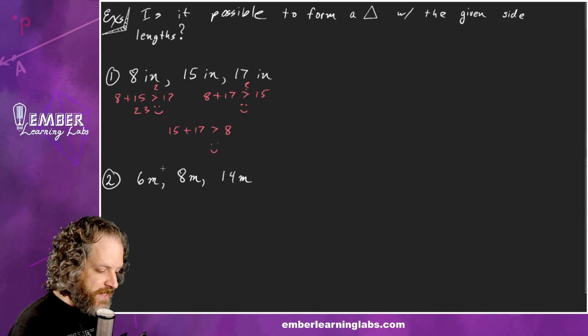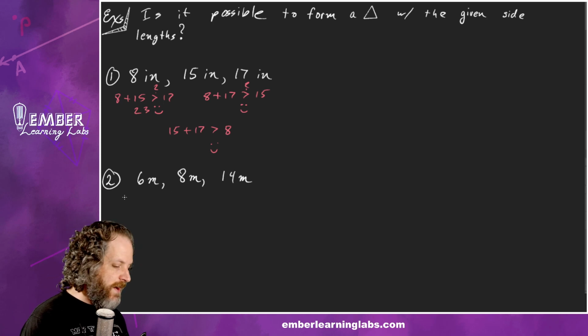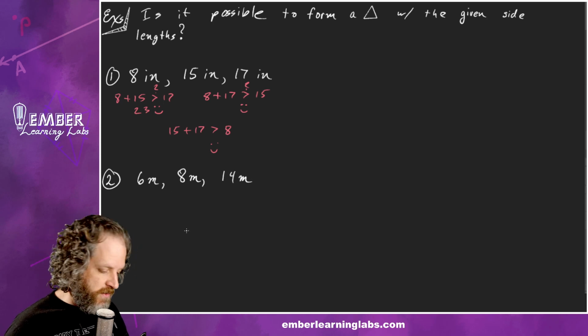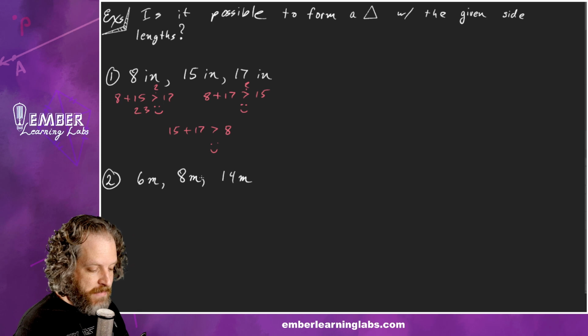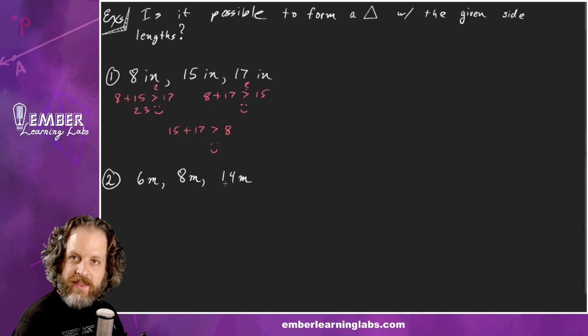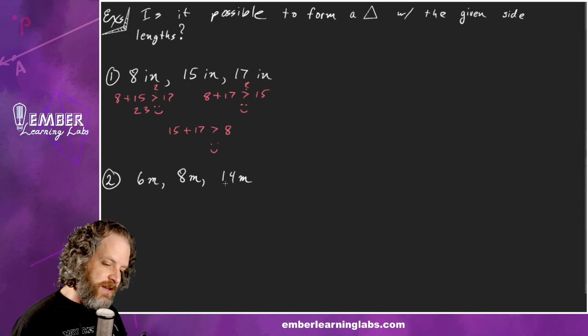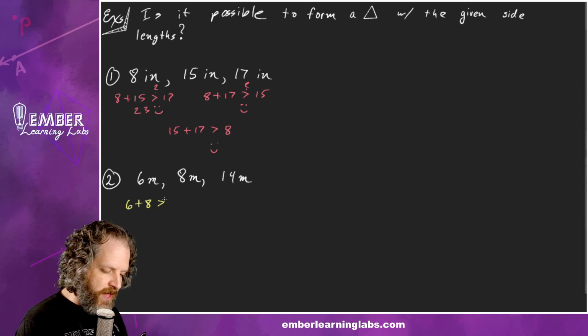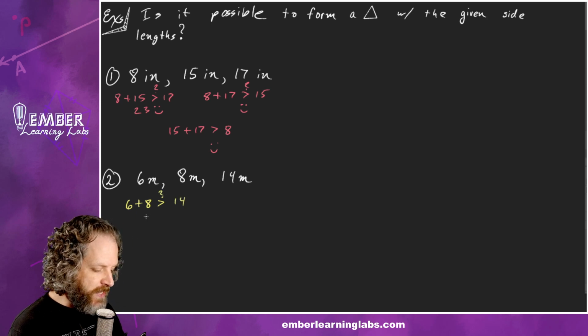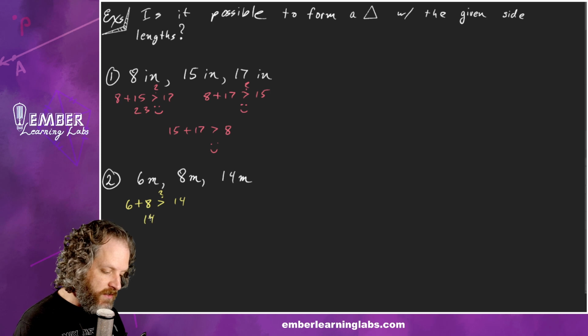What about this one? If we have 3 pieces of metal or 3 pieces of wood, can I make a triangle with these 3 boards? Is 6 plus 8 greater than 14? 6 plus 8 is 14.